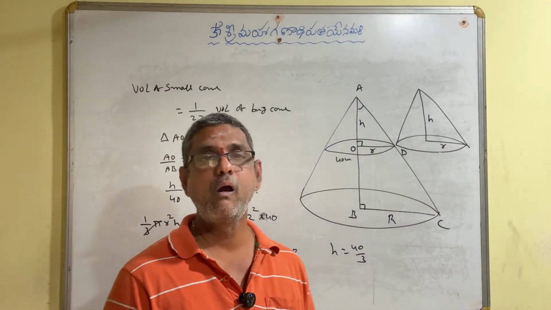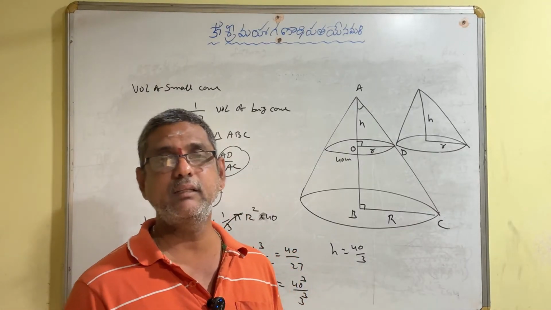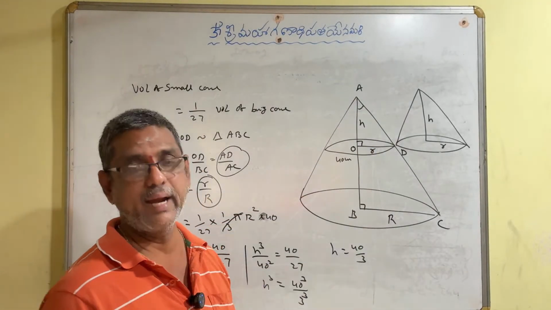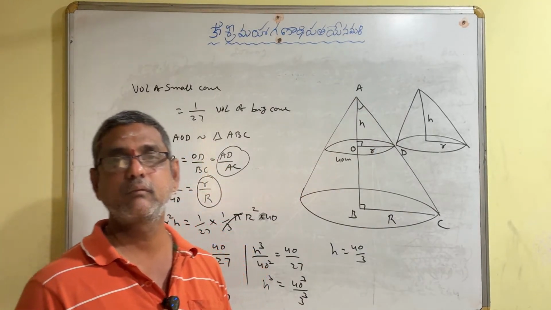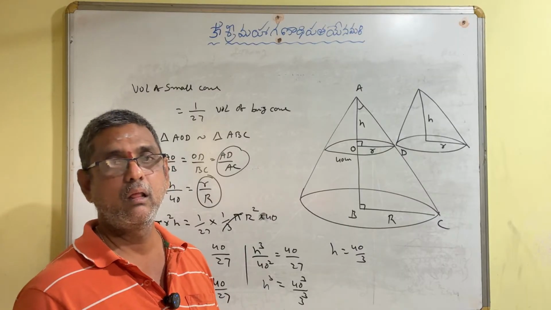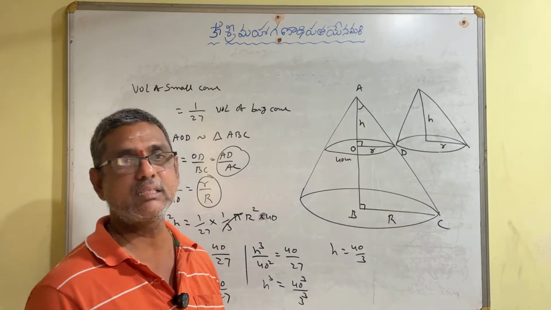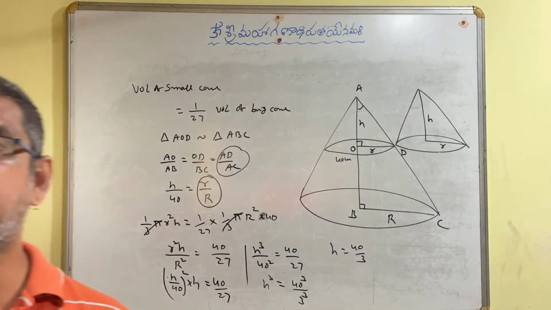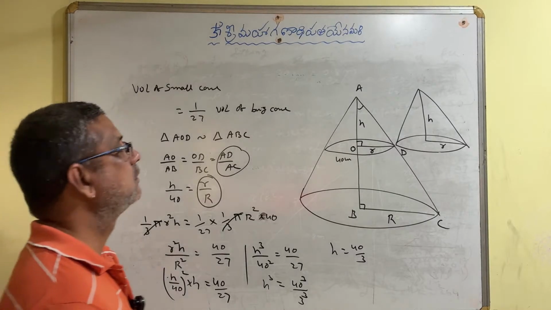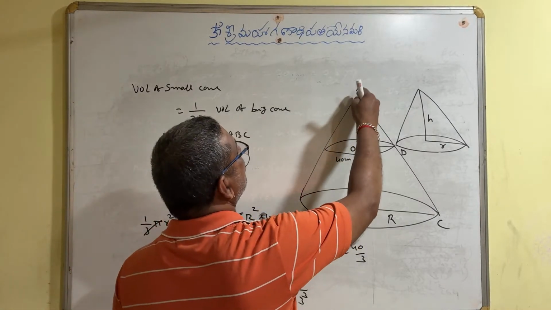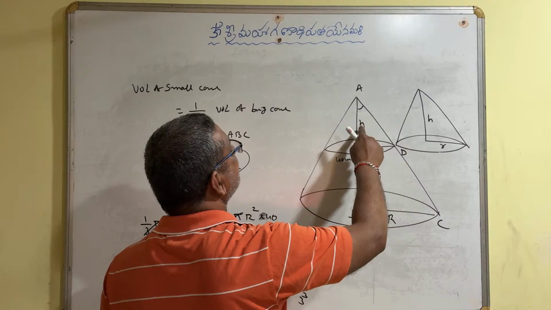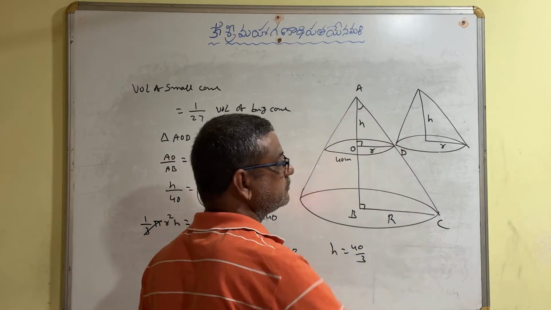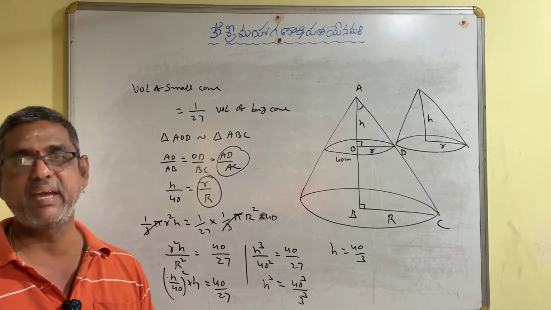See children, once again I am explaining this question. There is a big cone, a right circular cone, of height 40 centimeters and radius capital R. Now, that cone was cut somewhere from the top, at a height of h, parallel to the base.